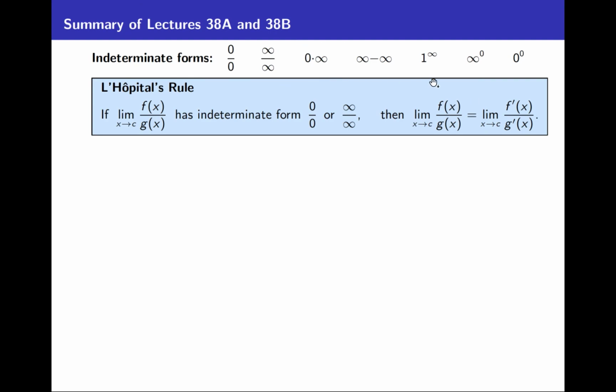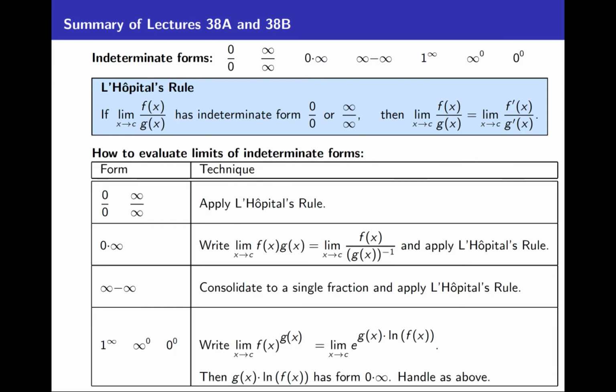For the other 5 indeterminate forms, we've learned algebraic techniques to convert the problem to something that we can apply L'Hopital's Rule to. And here's a summary. If your limit has form 0 over 0 or infinity over infinity, that's something that you can apply L'Hopital's Rule to immediately.